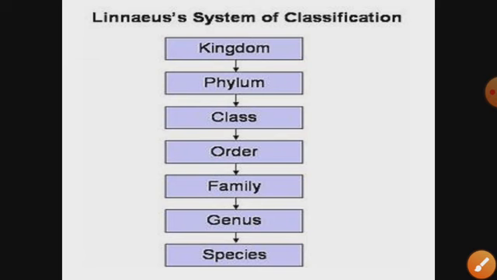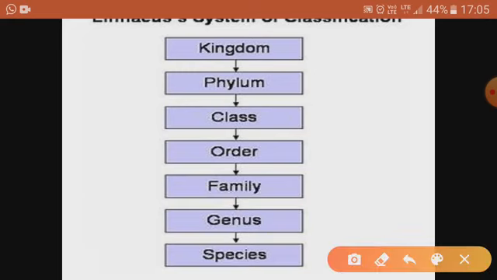This is called the hierarchy of classification, and it was given by Carolus Linnaeus, who is also considered to be the father of taxonomy. Here you have got 7 categories: 1, 2, 3, 4, 5, 6, 7.